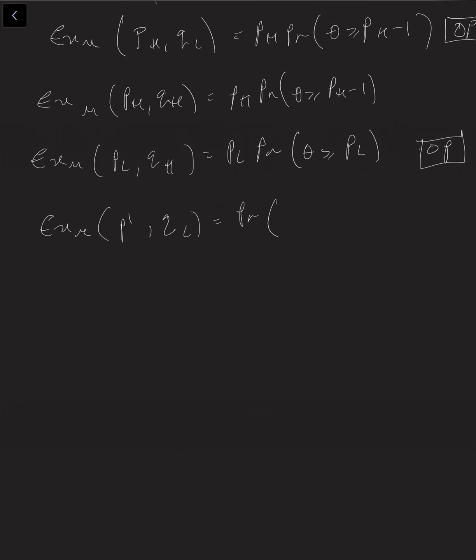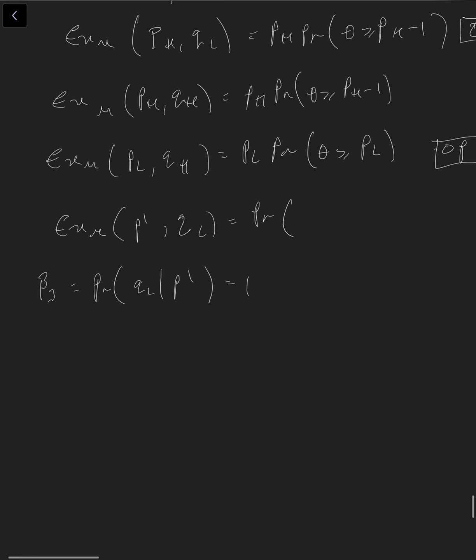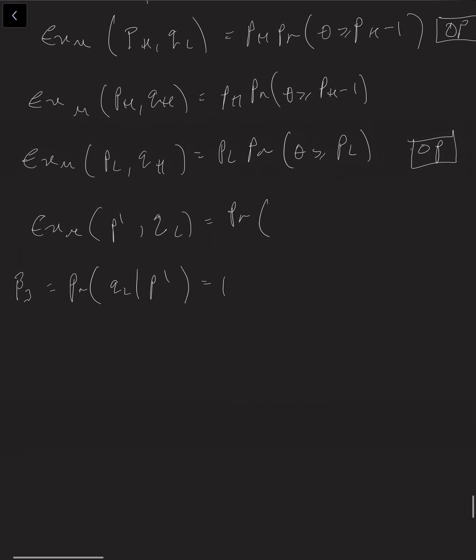Let's define a belief beta 3 as the probability that the flat is of low quality given the price P prime, and let's say that's 1. Again, we're trying to make the off-path beliefs as harsh as possible so as to make our separating equilibrium as easy as possible to support.